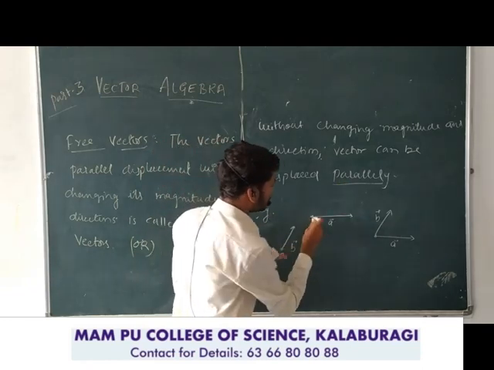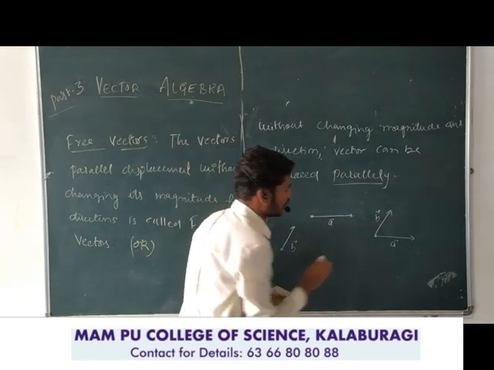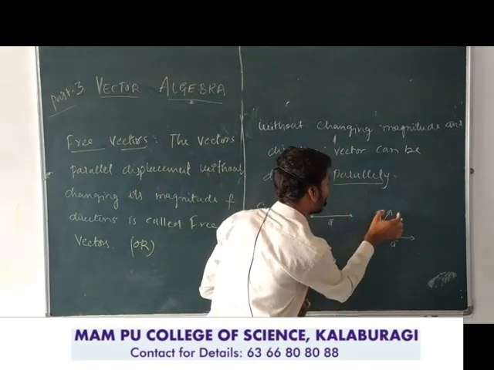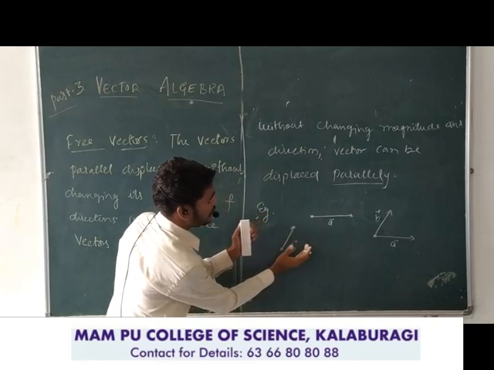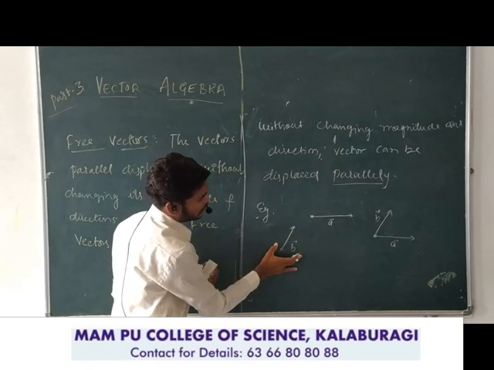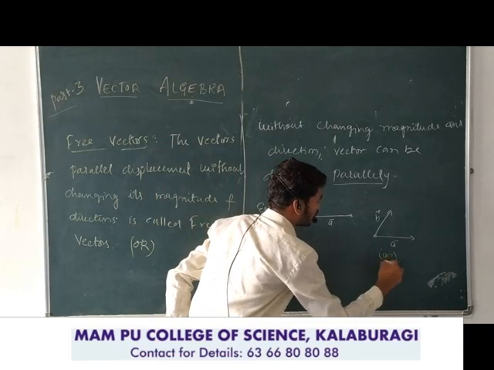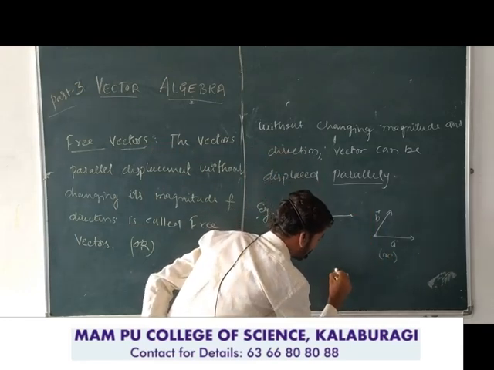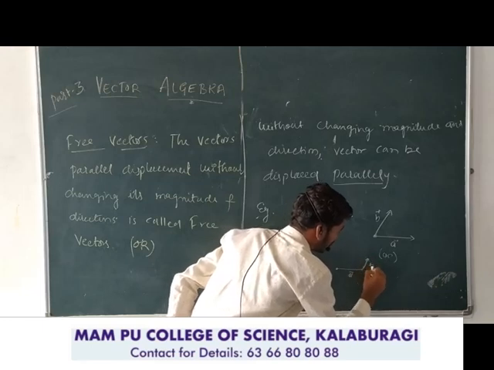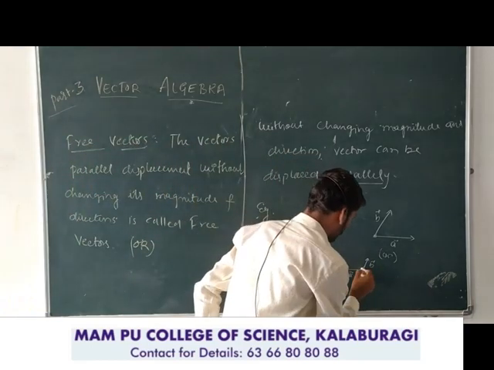So here we make one initial point and join the second vector, vector B, but only in parallel directions. We can arrange one more type here: this is vector A and this is vector B, like this. So on we can move it.